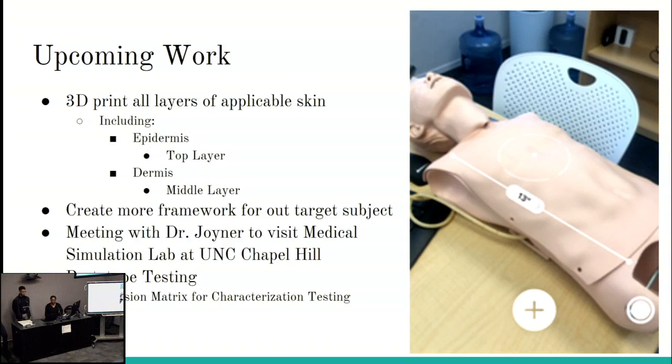Okay, so both the characterization methods and the protocol are both under development. As we continue our work and get our materials, we'll change and tweak it as we see fit.